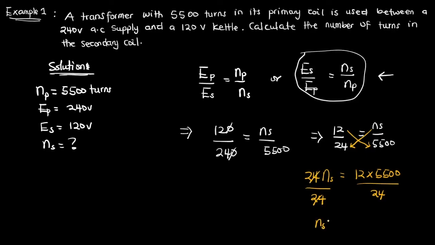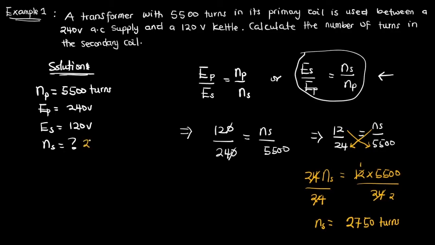So my NS is equal to 12 goes into itself 1 time, and into 24 2 times. So this becomes 5,500 divided by 2, and this will give me 2,750 turns. This is the number of turns on the secondary transformer.